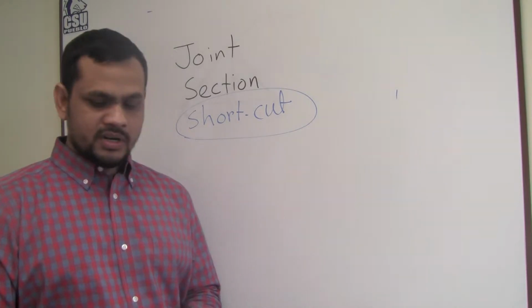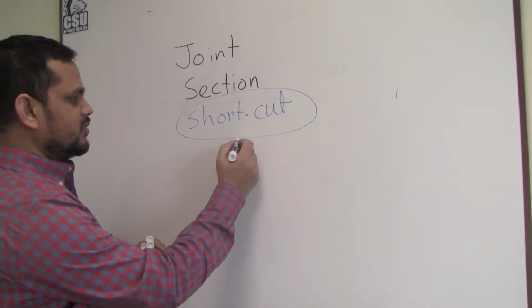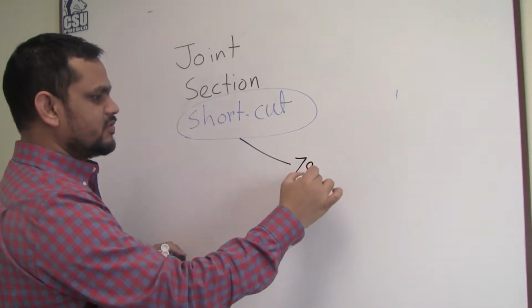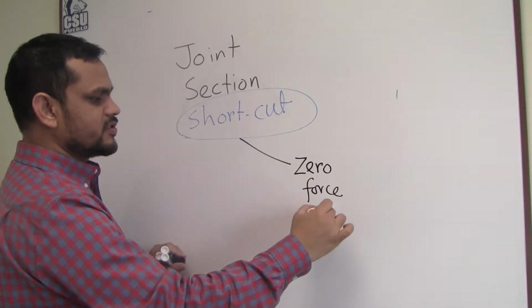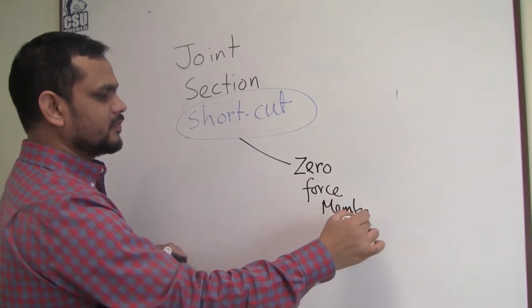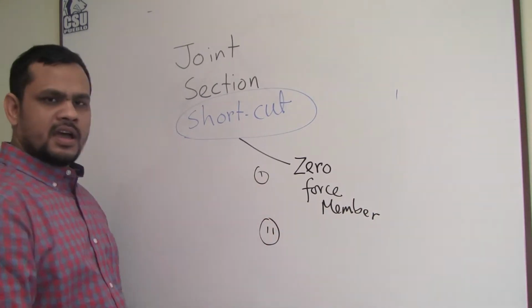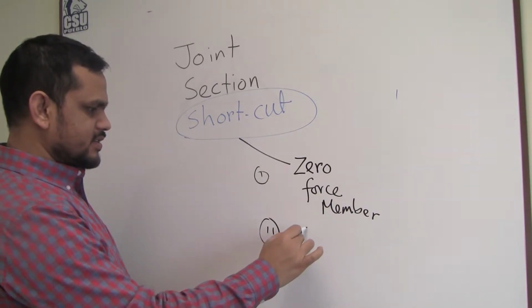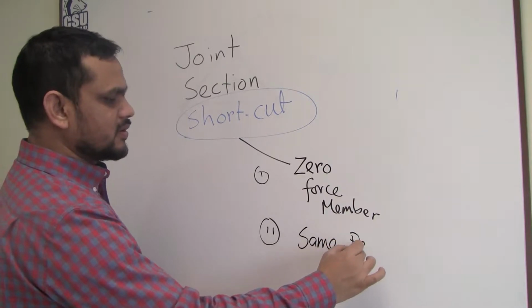Now what are the shortcuts? So here we have 2 ways. Number 1 is zero force member, and number 2 is I named it same perpendicular.